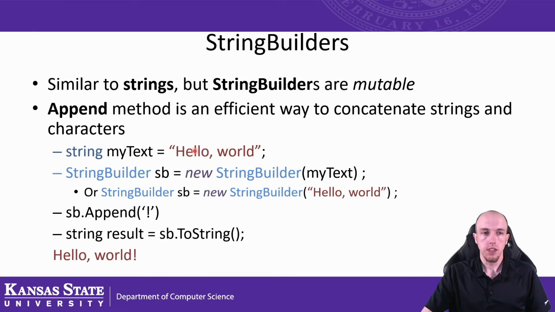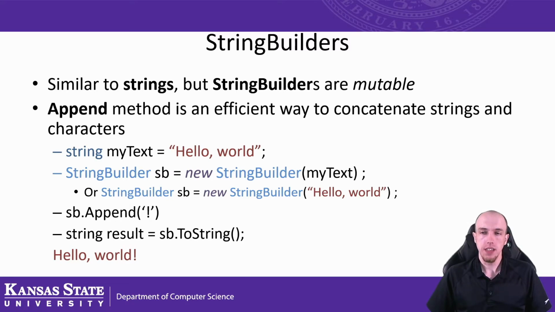You can initialize the StringBuilder with an empty string, or you can simply use a string variable like I do here, or just place the string directly into the constructor when you create the StringBuilder. Once you have created the StringBuilder, all you have to do is use the Append method to add characters or whole new strings to the StringBuilder.